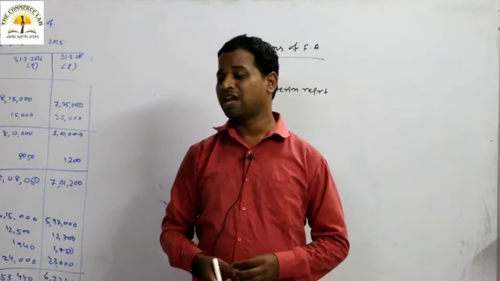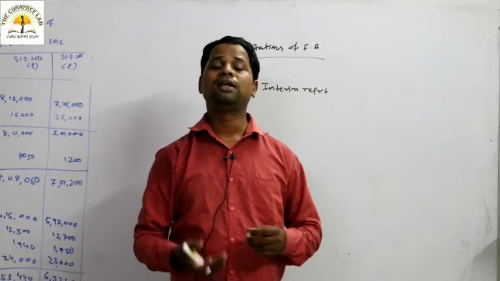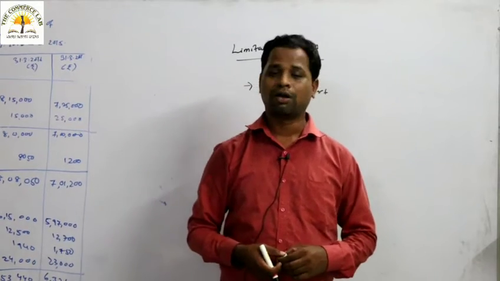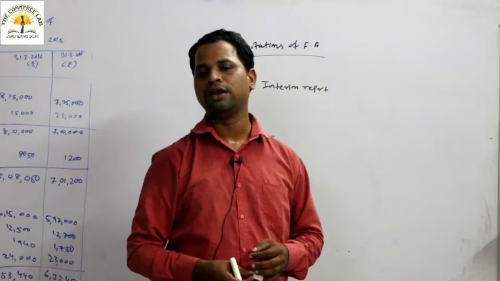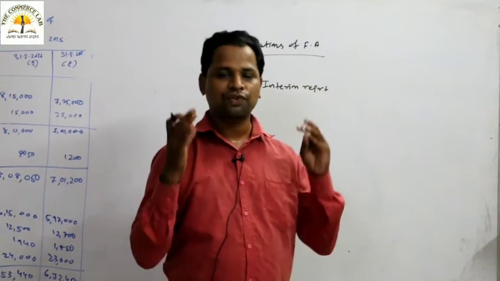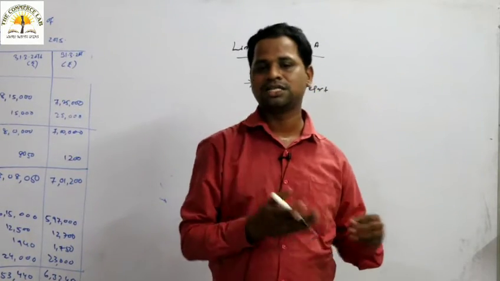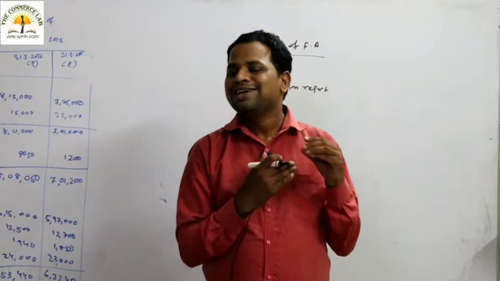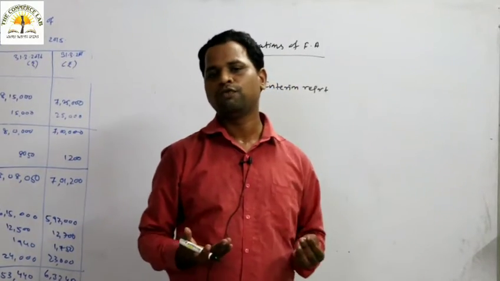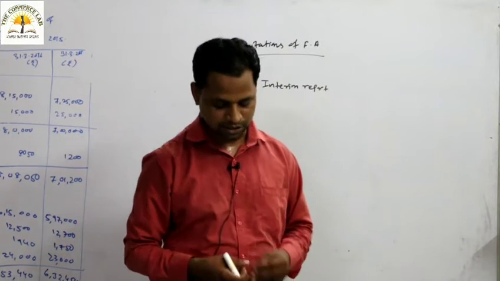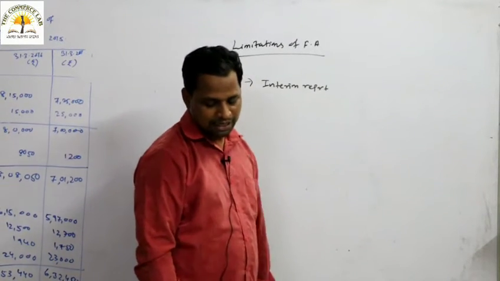Until the company gets liquidated, you can't know the true value or the final picture of the organization. So financial analysis doesn't give a clear view. It is just an interim report.